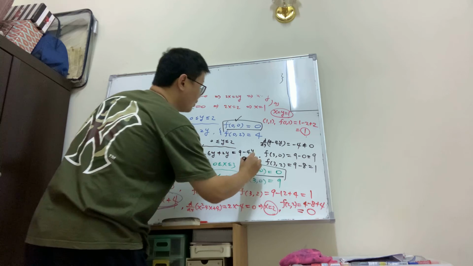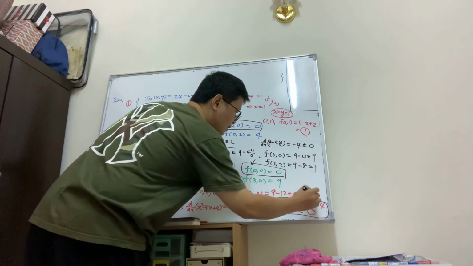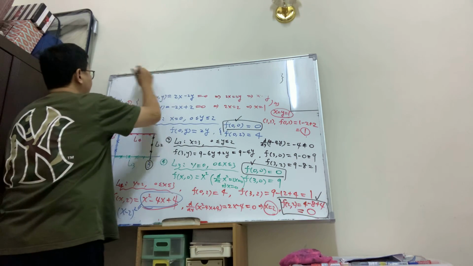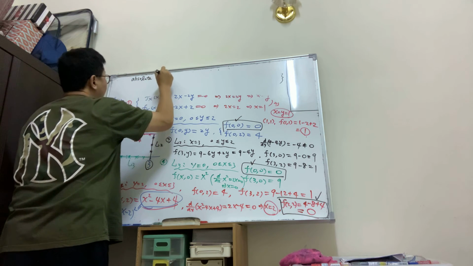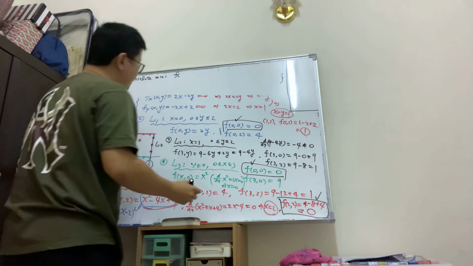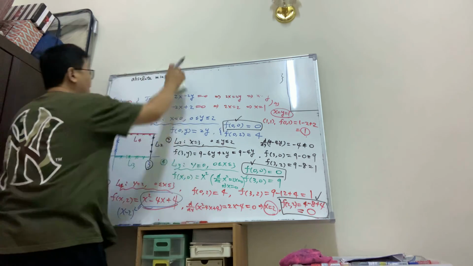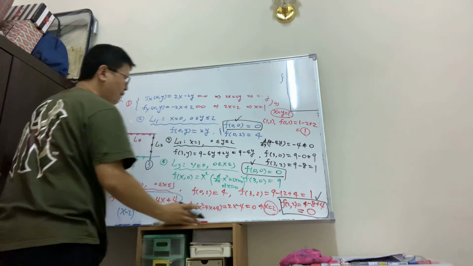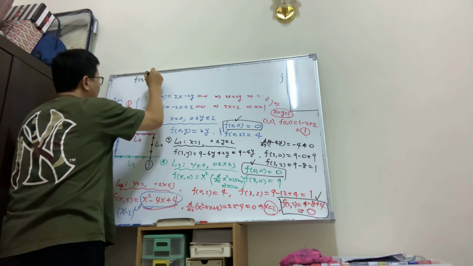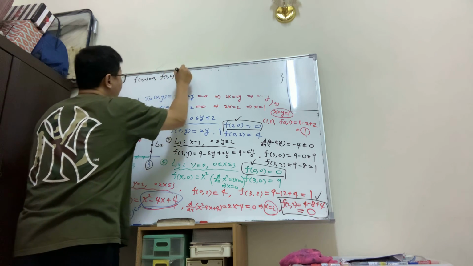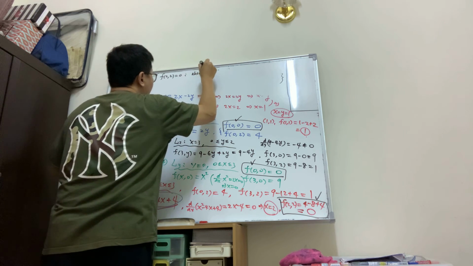So the absolute minimum is the value f of 0, 0. It has two cases, f of 0, 0 and f of 2, 2, both equal to 0, and we call 0 the absolute minimum.